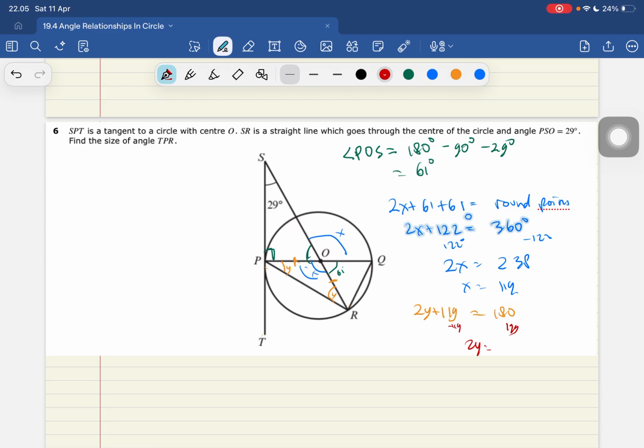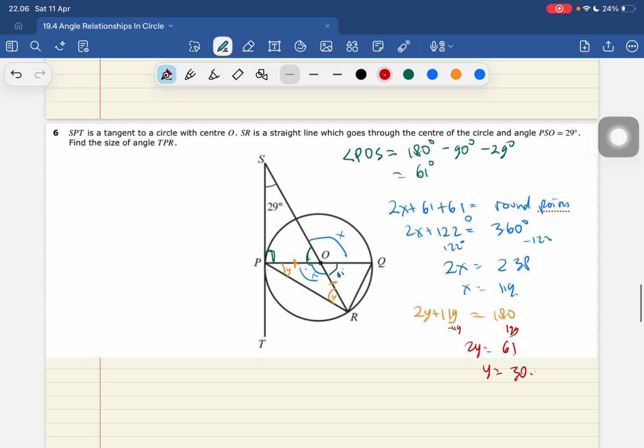So 2y equals 180 minus 119, we got 61. So y, we divide by 2 on both sides, is going to be 30.5.